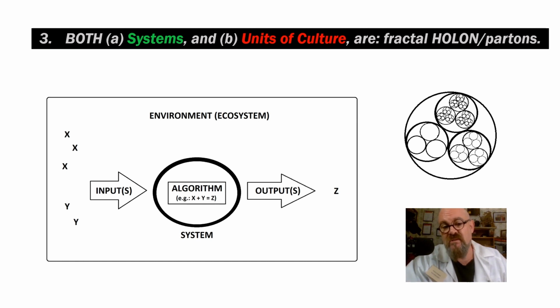It's a diagram of a system showing the 5 parts: the inputs, the outputs, the system boundary, the algorithm or processor inside the system, which could be a formula such as x plus y equals z, for example 1 plus 2 equals 3, and the outer environment or ecosystem, the larger system that the smaller system is nested inside of.